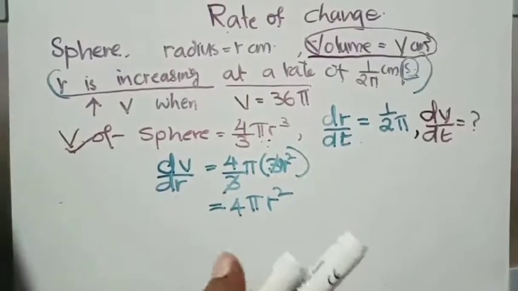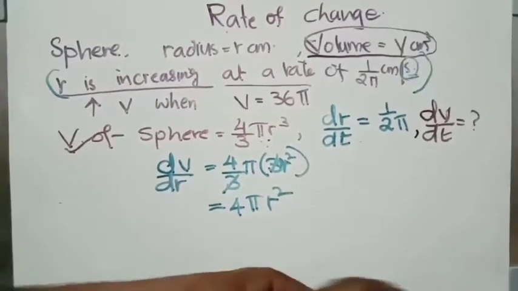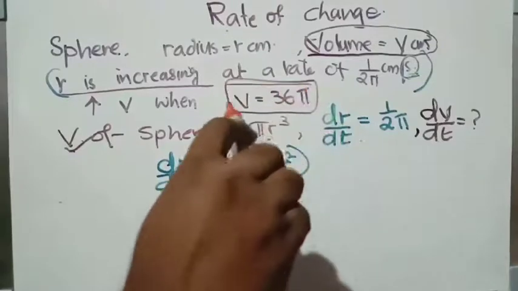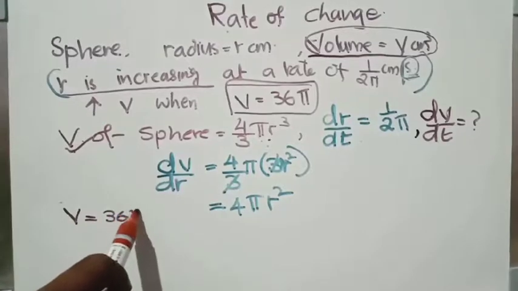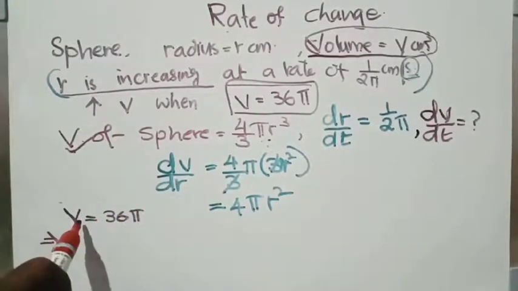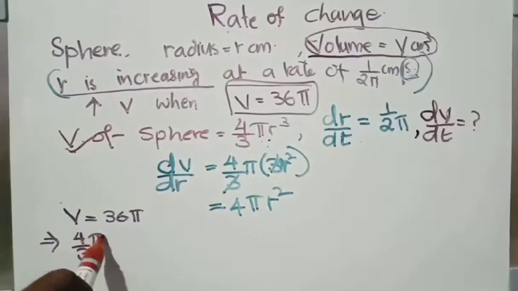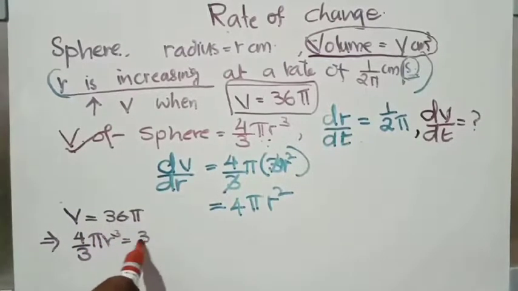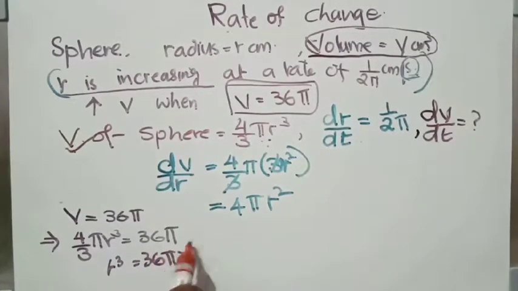Okay, now we need the value of R because we need to replace this R. For that, this sentence is given here. V is equal to 36 pi. It implies, you know, the volume of a sphere is 4 by 3 pi R cubed. That is equal to 36 pi. So we get R cubed is 36 pi multiplied by 3 by 4 pi.